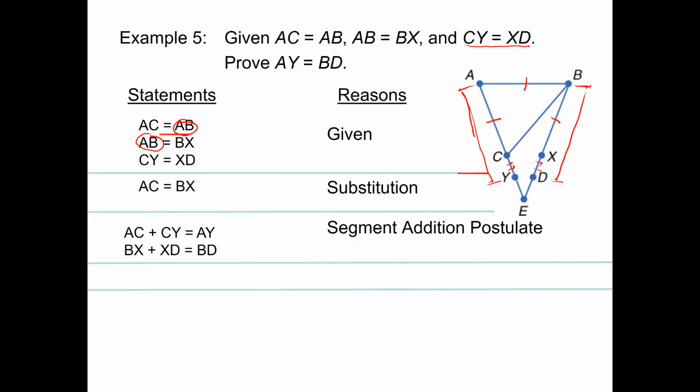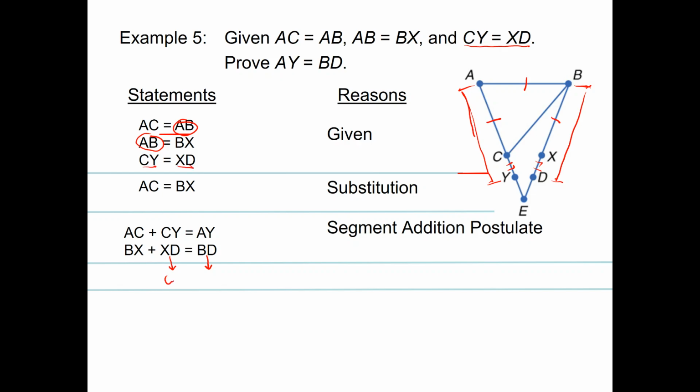So I'm again going to do something similar to what I did for the previous two. Let me back up a little bit. I'm going to take this BD and just bring it down. This XD, when I bring it down, I'm going to replace XD with CY.